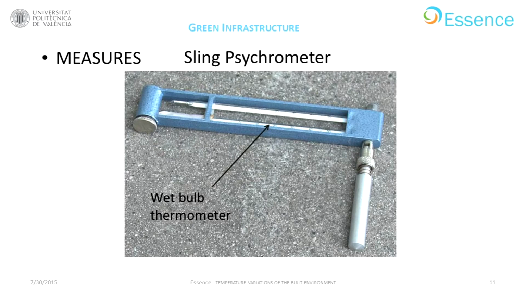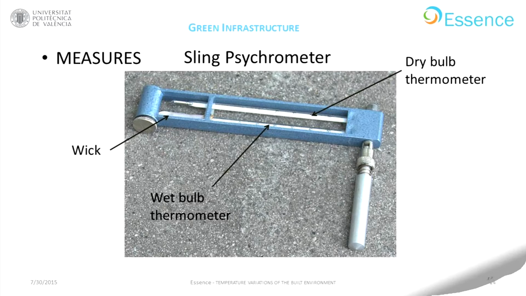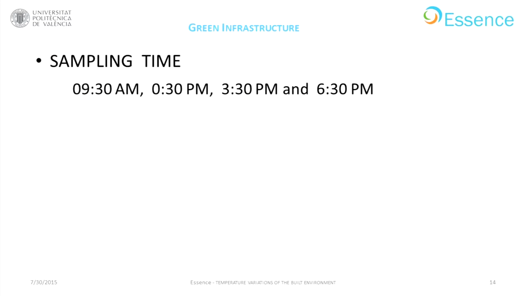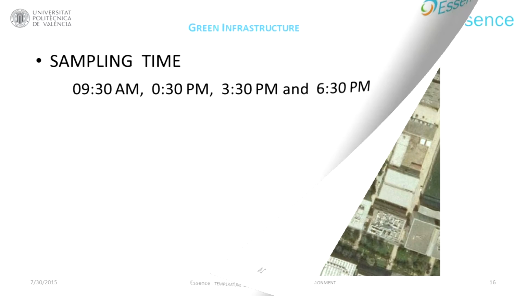The first one is for the wet bulb temperature and the second one for dry bulb temperature. The wet bulb is wrapped in a cotton wick saturated with water. For each sample point, 4 measurements were done at different moments of the day.